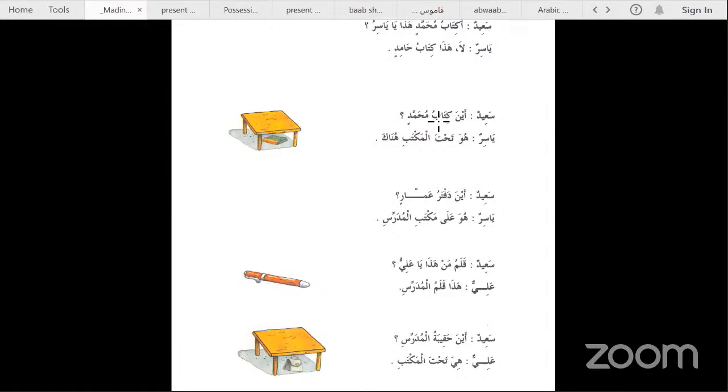So the dhamma tanween would be erased and it would become kitabu. And the second noun, originally muhammadun, once it becomes mudaf ilay, will be read muhammadin. Then the other alternative you have is this one over here, kalamul mudarrisi.